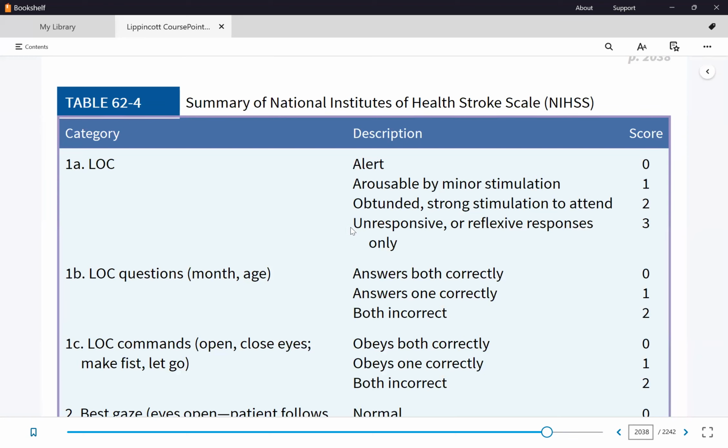The test, you need to score 93% or higher in order to pass. And of course, the questions are complicated if written, so they show you video questions. The patients will be on video, and then you score them on the NIH stroke scale.